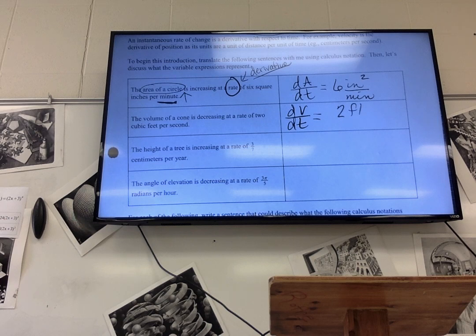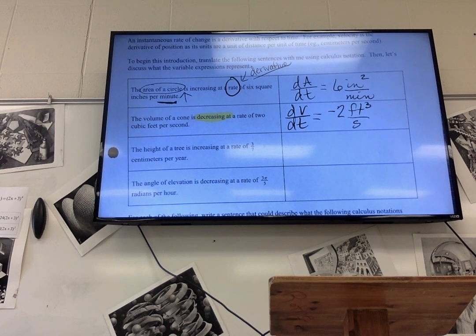Okay, yep. 2 cubic feet per second. Close. Yes. So you got to look for things like that. It says decreasing, so that means that it's negative.